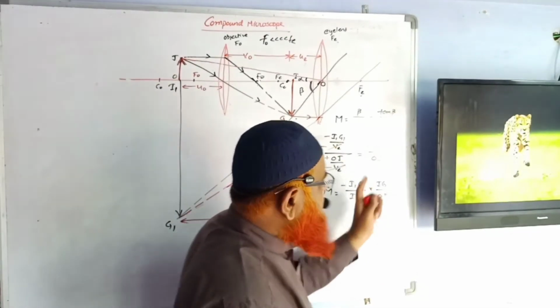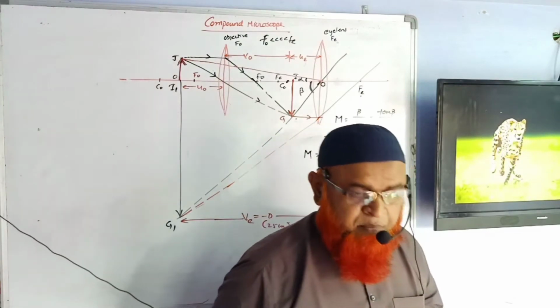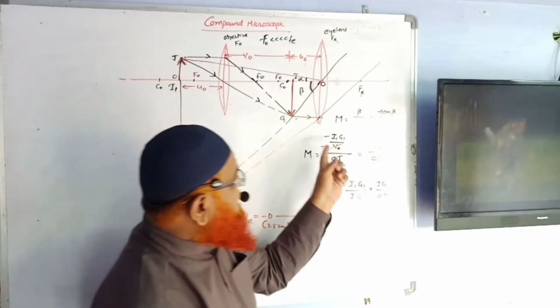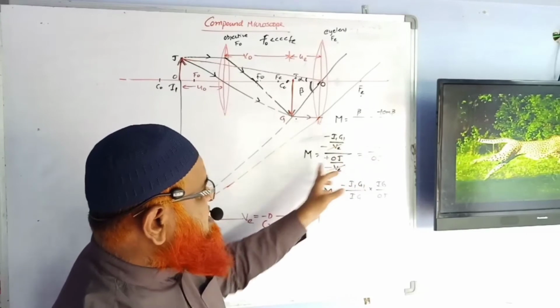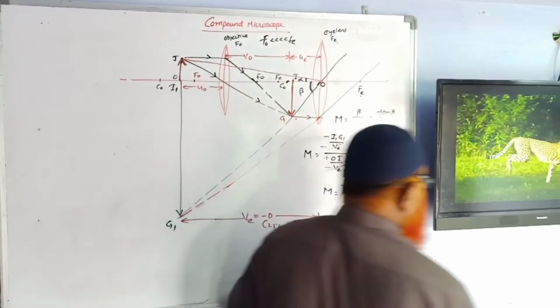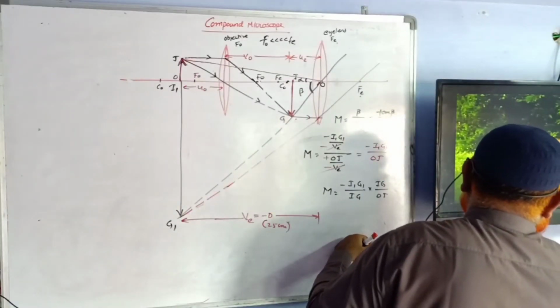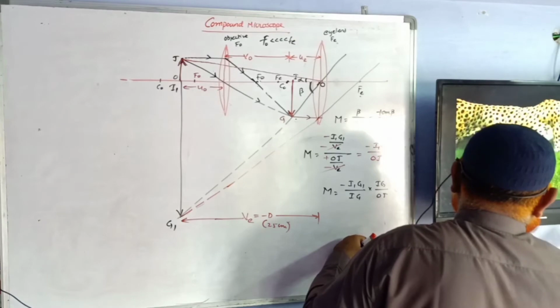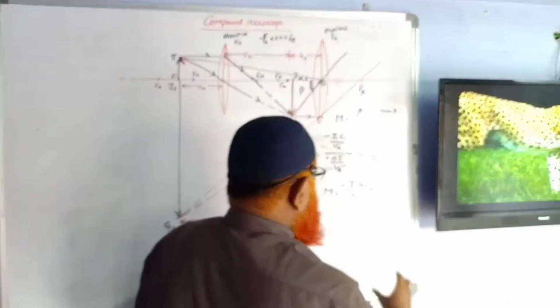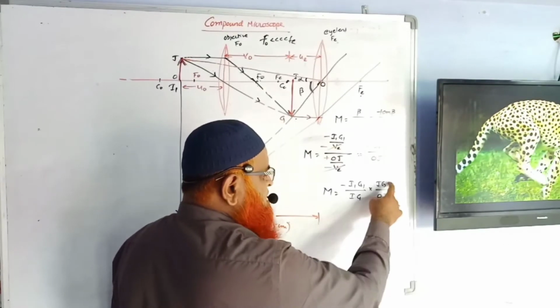Why are we dividing and multiplying here? Because we have to split the single magnification into two magnifications. We are taking this and splitting it into two parts, dividing with IG and multiplying with IG.